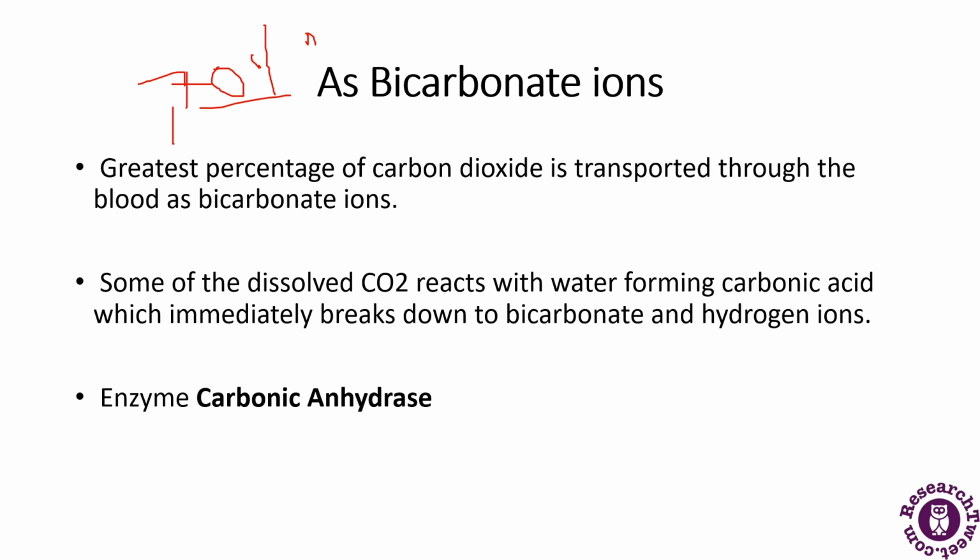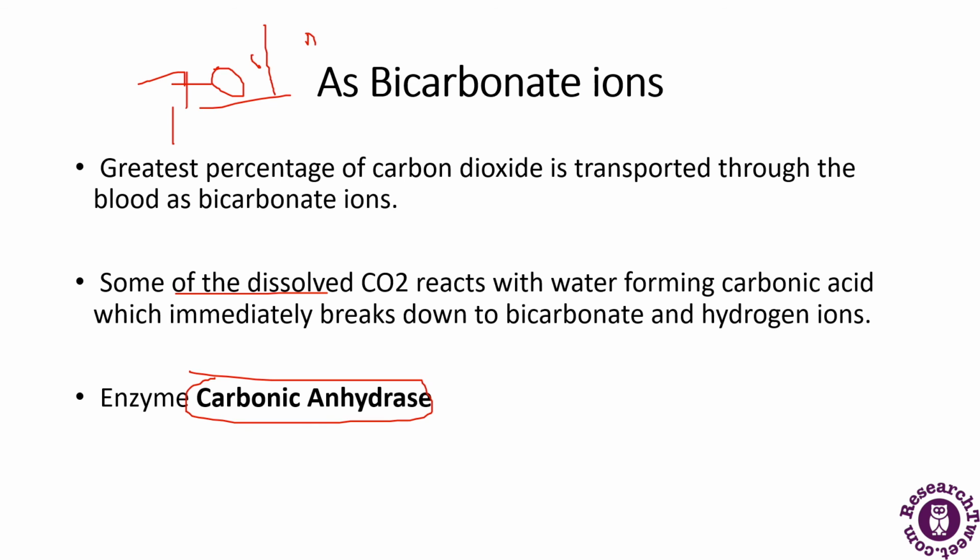The reaction here is very slow in plasma and very fast in the RBCs because of the presence of an enzyme, carbonic anhydrase. This enzyme catalyzes the formation of carbonic acid, which dissociates into H plus and HCO3 minus.